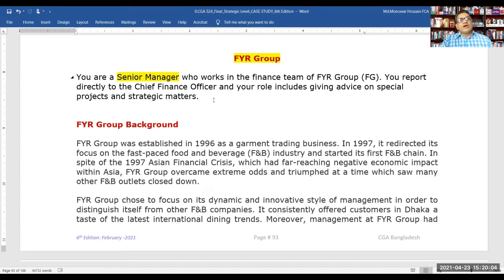So here you are a senior manager who works in the finance team, reporting directly to your chief financial officer, and your role includes giving advice on a special project and a strategic matter. So your role is giving advice on a specific project and a strategic matter, and your boss is the chief financial officer of that FIR group.